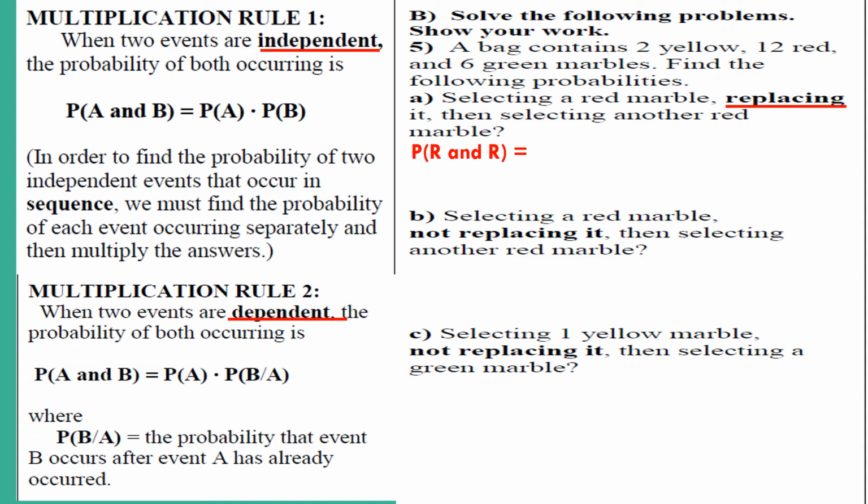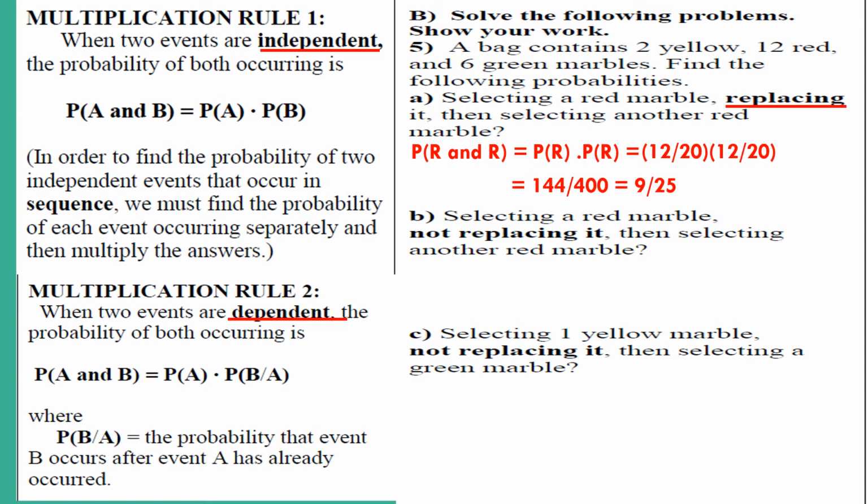Therefore, we use multiplication rule number 1. This is independent events. So we have the probability that the first is red and the second is red is the product of the probability of red times the probability of red, which is 12 over 20 times 12 over 20 equals 9 over 25.